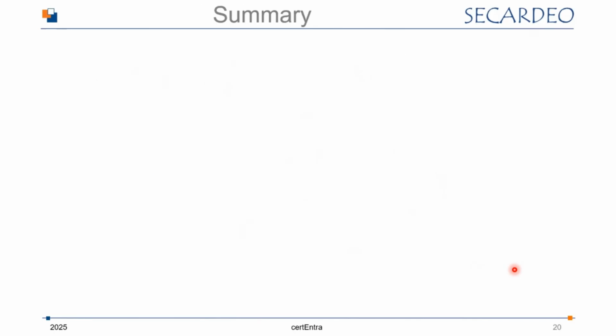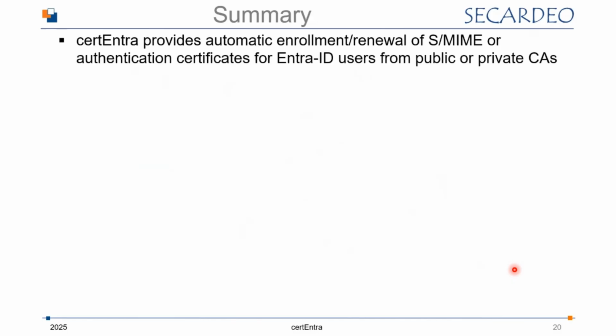I think we've gone through everything. I just want to summarize what we discussed. certEntra provides automatic enrollment and renewal for MIME or authentication certificates for Entra ID users, and we connect with public or private CAs.